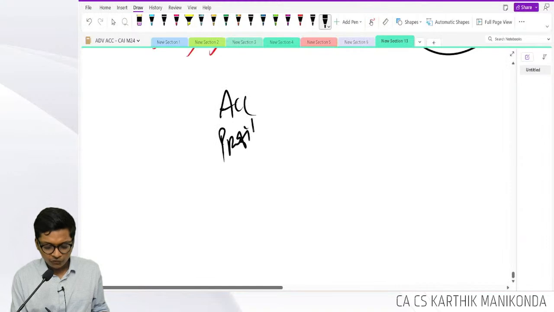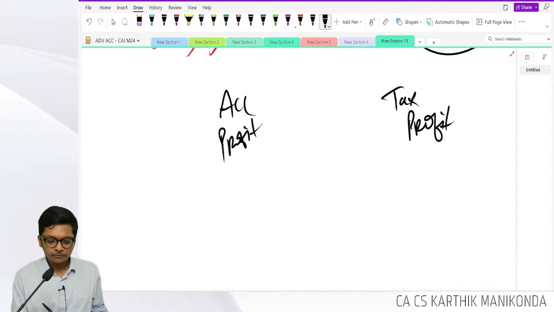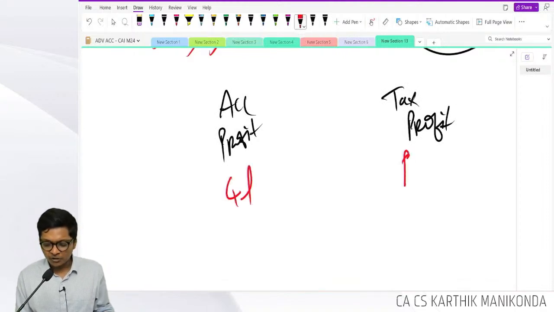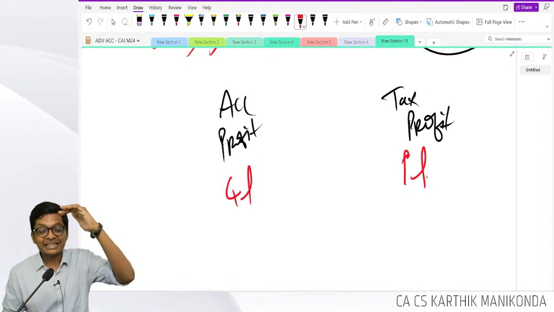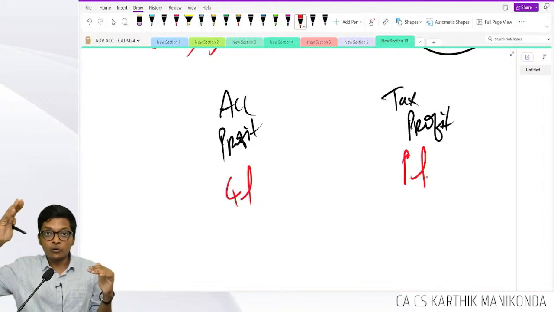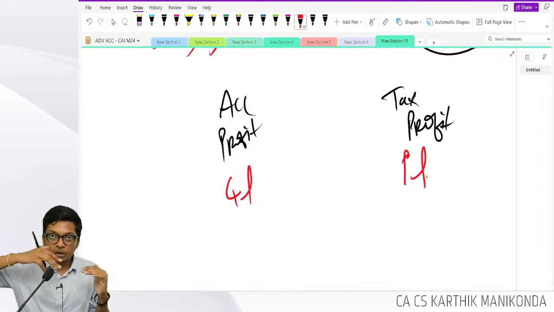Try it out. We will do 2 sums at least. Accounting profit is 4 lakhs. Tax profit is 1 lakh. Which is correct? Tax is correct. It's only 1 lakh. Which is wrong? Accounting is wrong, 4 lakhs. From accounting, I have to come to tax.